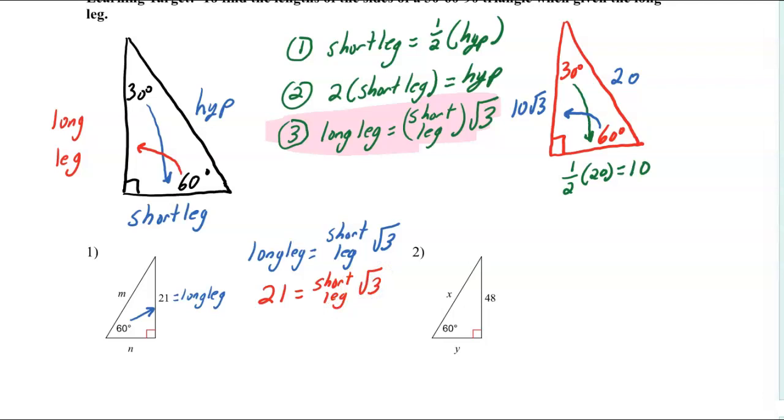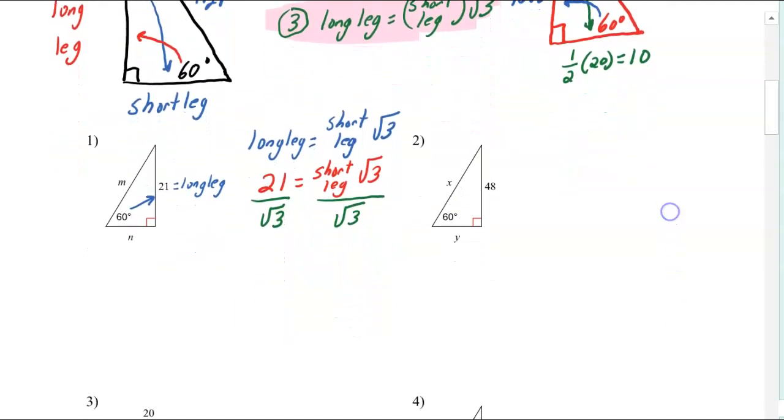So in order to solve for the short leg, we're going to divide both sides by square root of 3. And when you do that, the square root of 3's on the right-hand side will reduce. And we get the short leg is equal to 21 over the square root of 3.